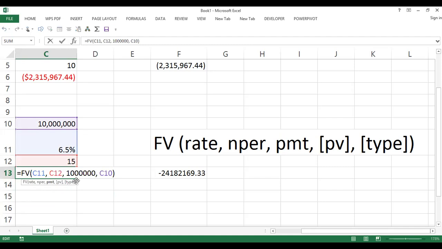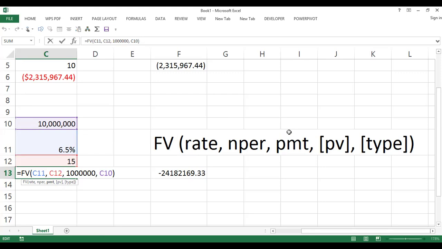Do you know what this is saying? This is saying that now you are trying to get a future value given this rate of 6.5%, given that there are 15 periods. Let me skip PMT first, I'll come back to it.